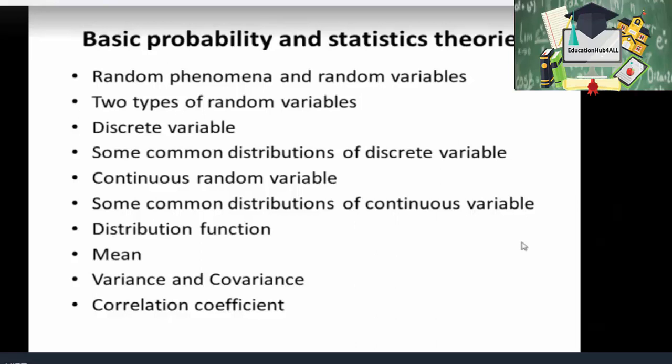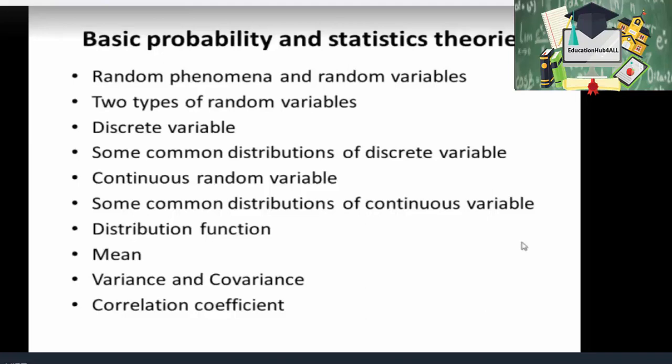Sometimes the phenotype can be affected by different factors. There are some genetic factors, there are some environment factors, but in addition to that, there is still some random effect. And we talk about two types of random variables, basically the discrete and the continuous. And we talk about some common distributions on the discrete variable and on the continuous variable.